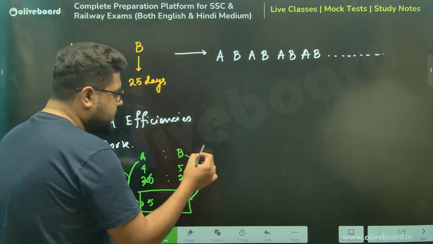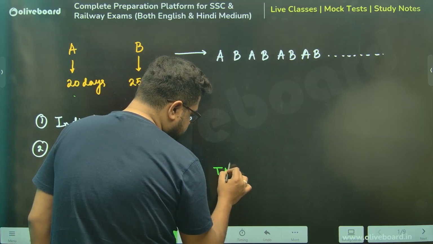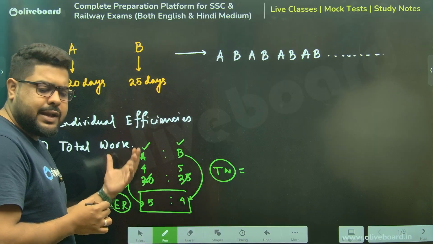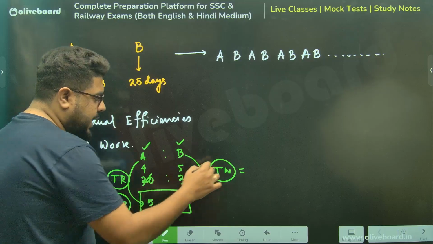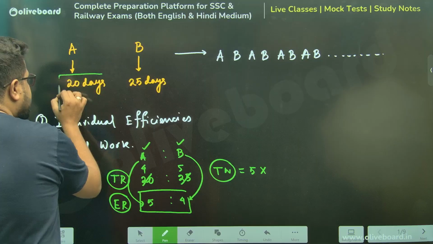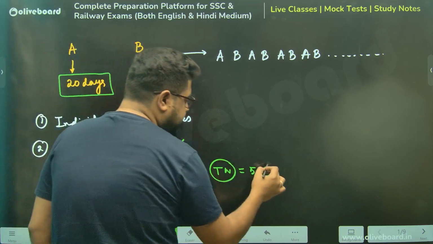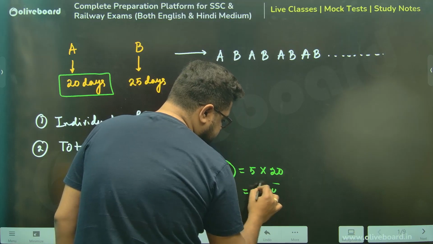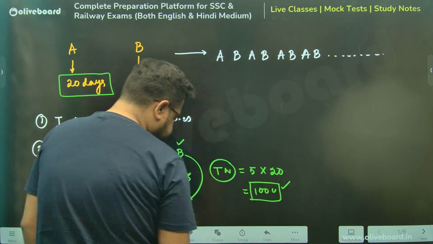And what is the total work in that case? I'm taking A; if you want, you can take B, you will get the same thing. A can do 5 units a day and takes 20 days to complete, so every day 5 units, in 20 days 100 units. That is your total work.